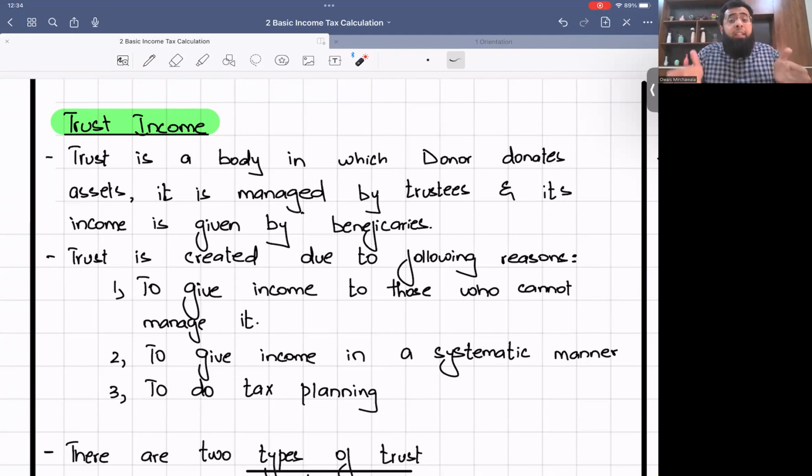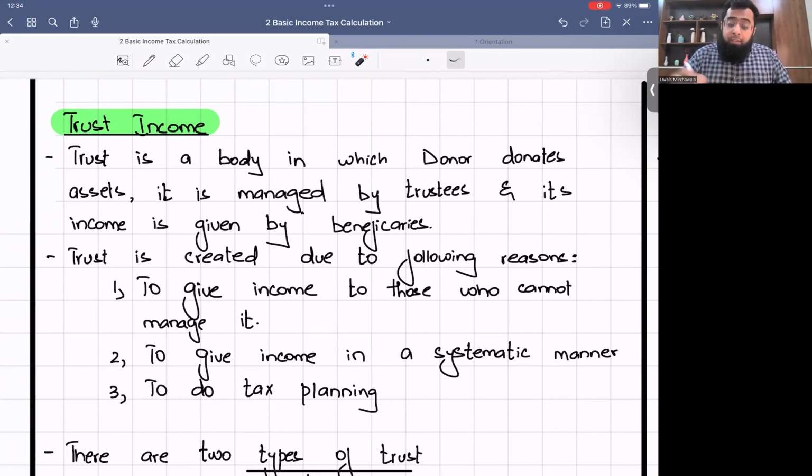That registered entity will be a trust in which I will give those assets. I will be a donor. I will appoint a board of trustees to manage that trust. And I will write in the constitution that the income of this trust should be given to my children, to my family, or to whoever I appoint as the beneficiary.